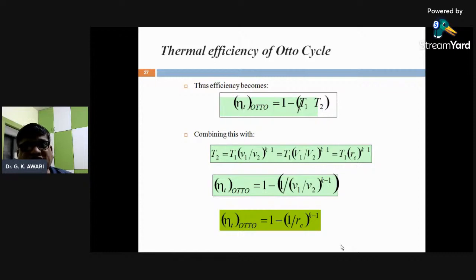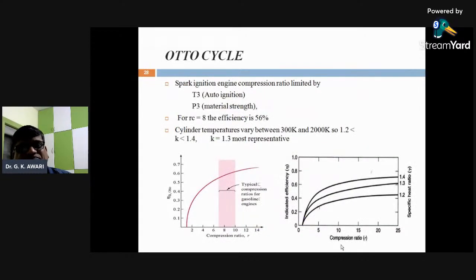Combining these equations, T2 is equal to T1 in bracket V1 by V2 to the power of k minus 1, which is equal to T1 into rc to the power of k minus 1. So the efficiency of the Otto cycle is equal to 1 minus 1 by V1 by V2 to the power of gamma minus 1. Therefore, the thermal efficiency is given by the equation 1 minus 1 by rc to the power of k minus 1.